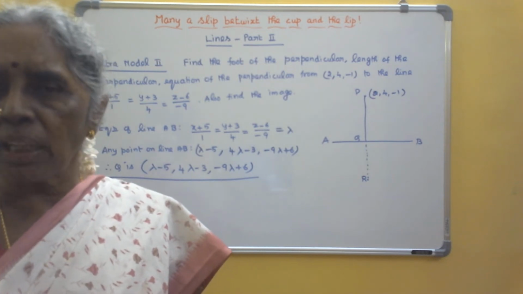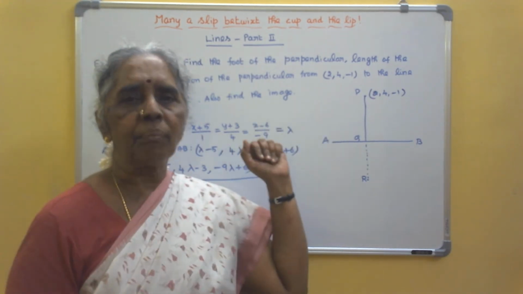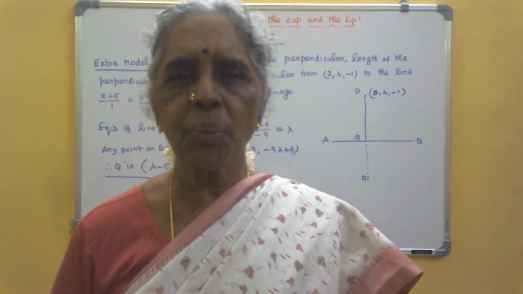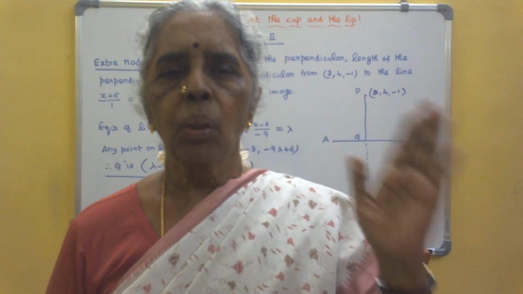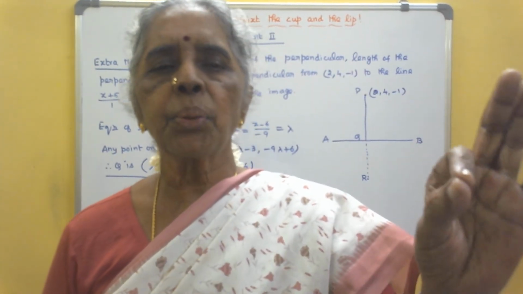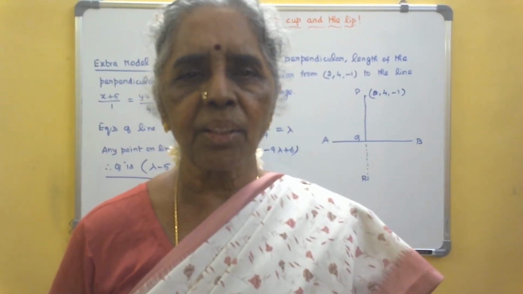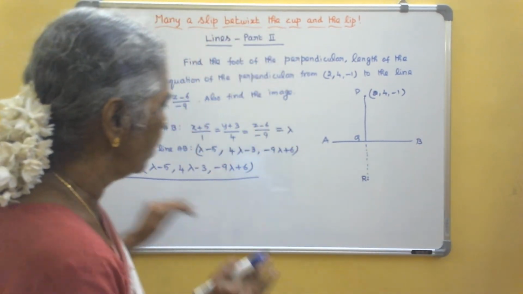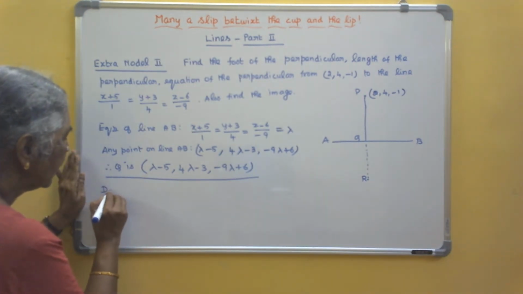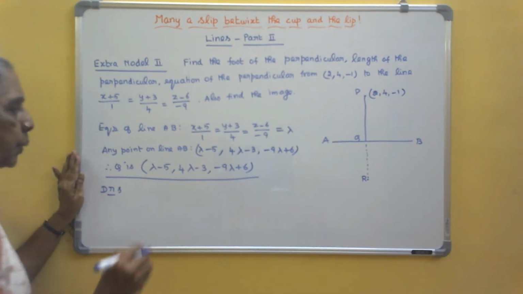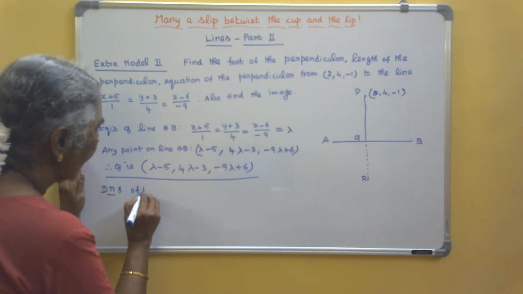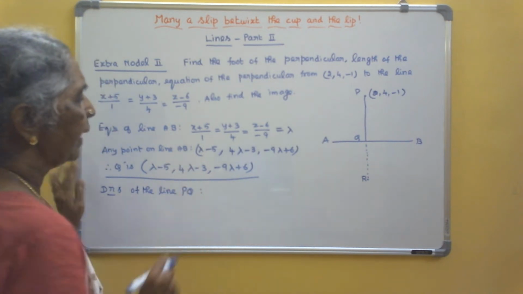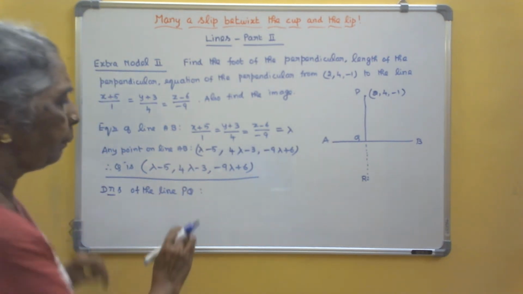The equation is not given, but you know the point P and you know the point Q. You remember the formula for direction ratios: x2 minus x1, y2 minus y1, z2 minus z1, if two points on a line are given. So now let us find the direction ratios of the line PQ.